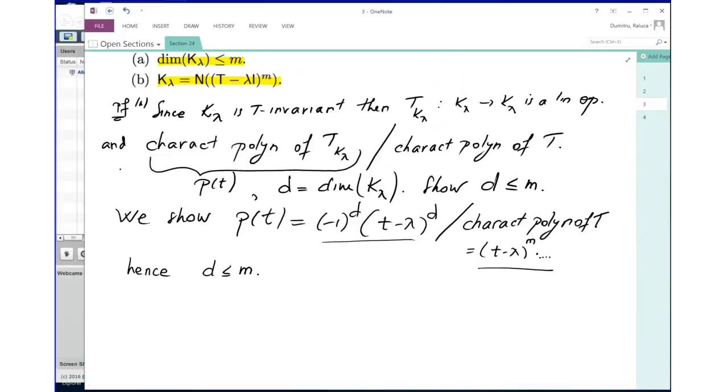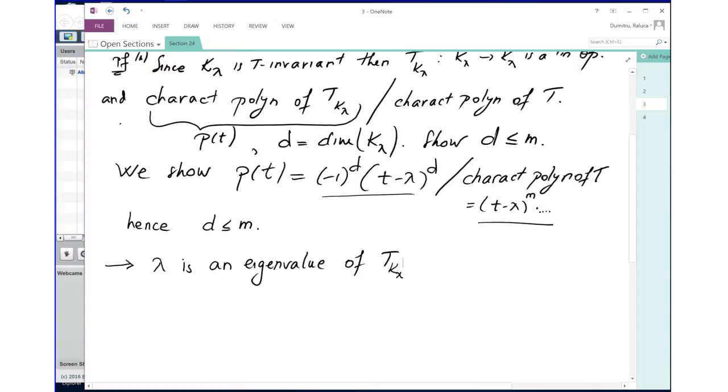Okay. So, how do we show that? Well, first of all, the restriction to K lambda should have lambda as an eigenvalue, so that the characteristic polynomial looks like that.